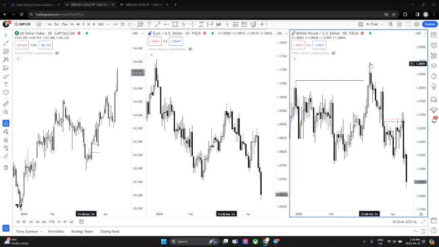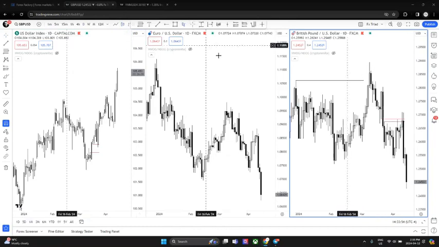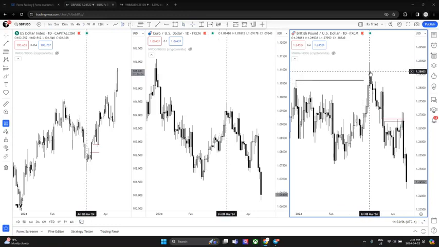There was already sequential SMT and a precision swing point right here, and we're just focusing on the euro and the pound. Precision swing point here, and I'll turn the cursor on so you can see, on this candle at this specific time.